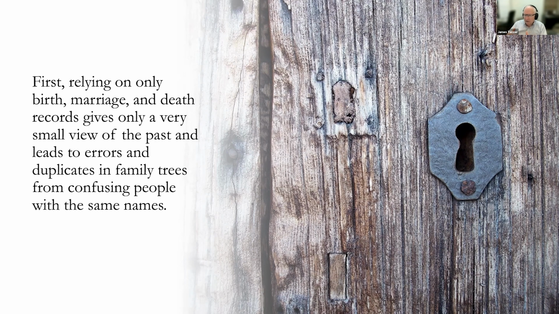A Tom Smith or a Thomas Smith born in England in a certain parish on a certain date, getting married on a certain date and dying on a certain date, you would think those would be unique. Except we don't always find all three records. We find just one of those three, like a marriage record, and so we estimate a birth record. And then we know the person didn't live past 110 years, so we estimate a death record.